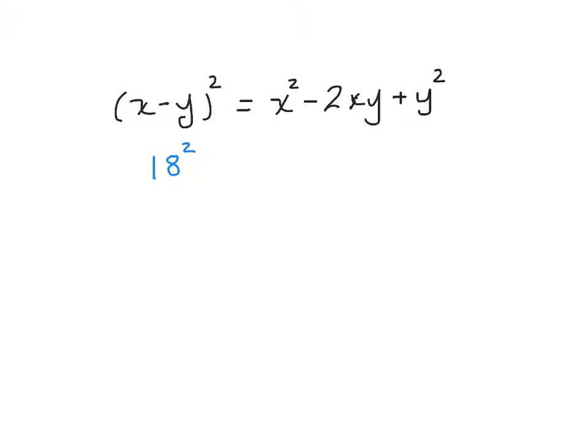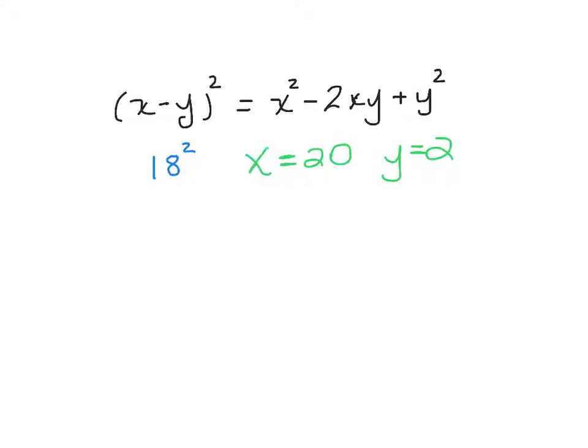So we have to come up with two numbers for x and y which, when subtracted, give me 18. So I'm going to go up a little above 18 and choose 20. That means y has to be 2, because when I subtract 20 minus 2, it has to give me 18, which it does.